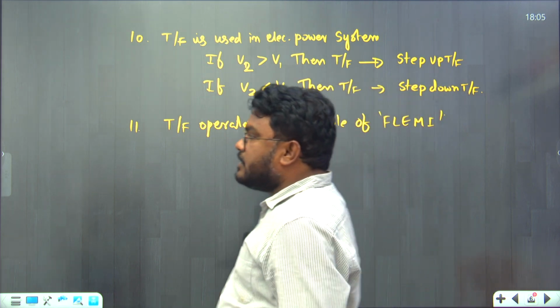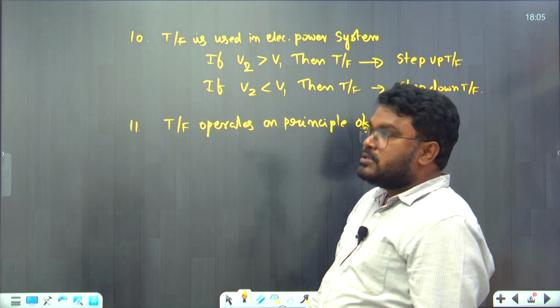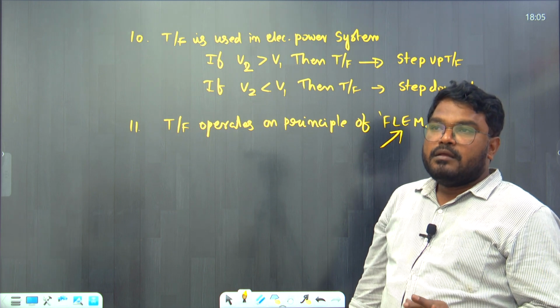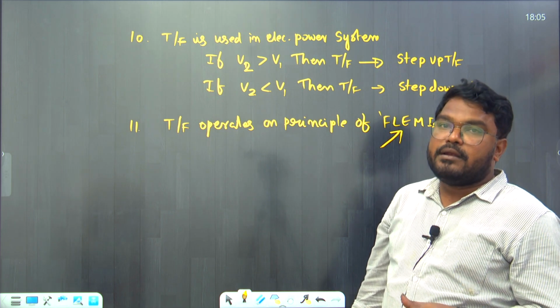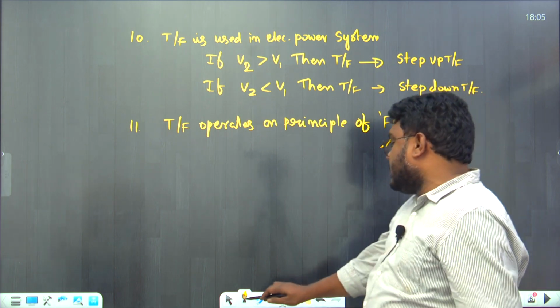So, what is the statement of Faraday's laws of electromagnetic induction? Whenever a coil is excited with the AC supply, the EMF induced in a coil is directly proportional to the rate of change of flux linkage.